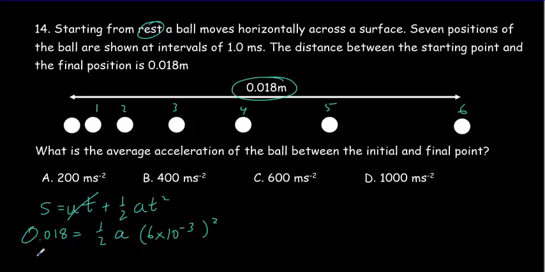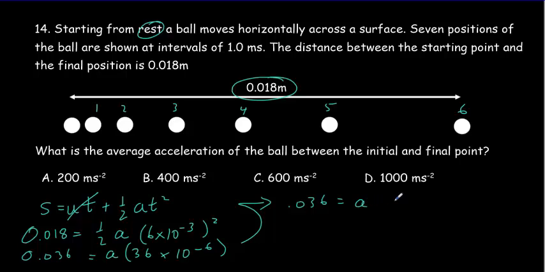So multiply both sides by 2, 0.036 should be equal to this a times this number squared. So 6 squared would be 36 times 10 to the minus 6. So we've got 0.036 equals a times, we can write this as 3.6 times 10 to the minus 5.